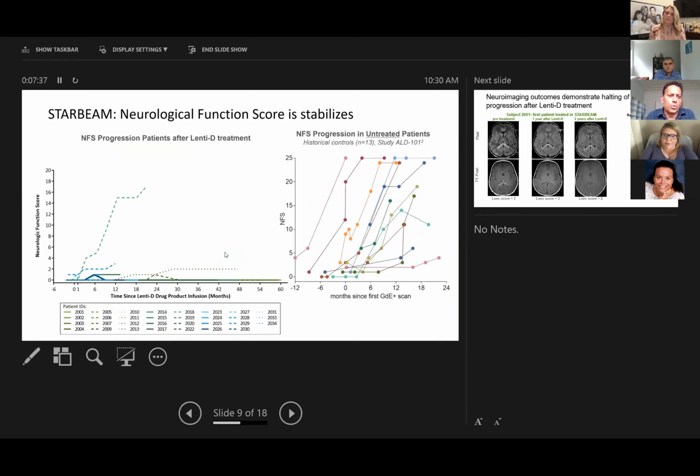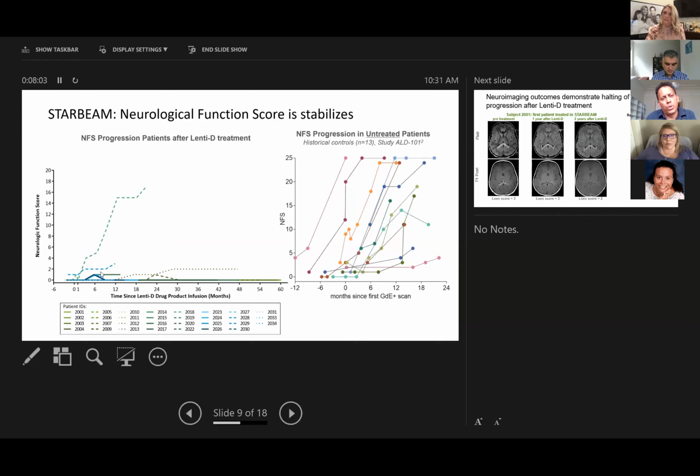So does this work? We see here that neurologic function usually stabilizes in the vast majority of these boys, as shown on the left. The higher the neurologic function score, the more the boys are affected. You can see that there was one boy who was already progressing very quickly at the time of enrollment and then sadly succumbed to disease progression.